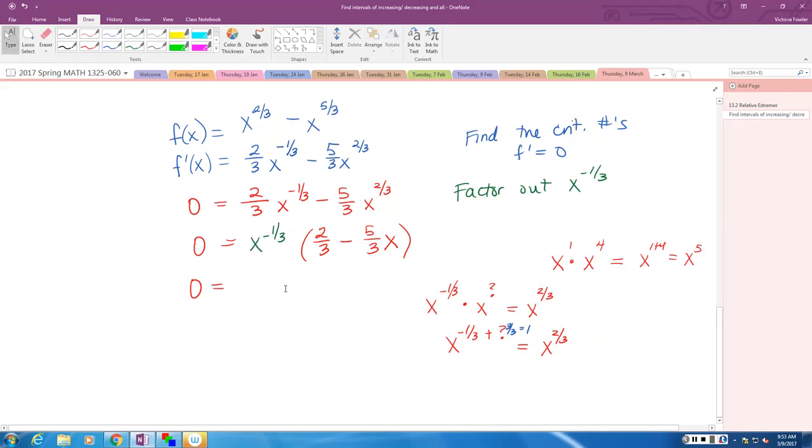I'm going to put it as 1 over the cube root, right? Okay, and so let me recopy the rest of that. I really wanted to factor out a 1/3, but I'm doing it just as the book was showing.